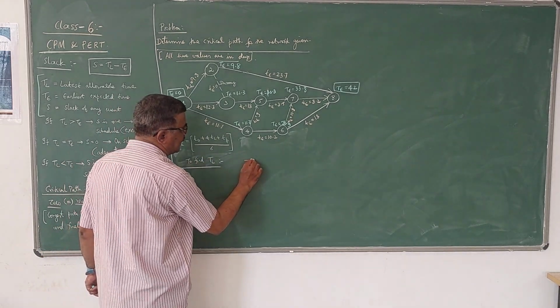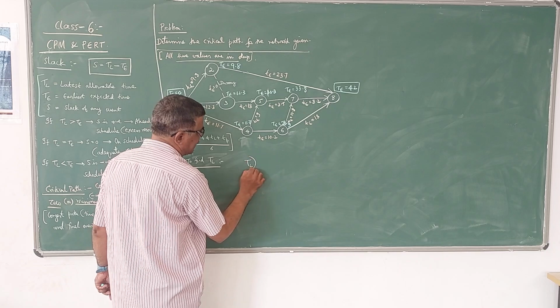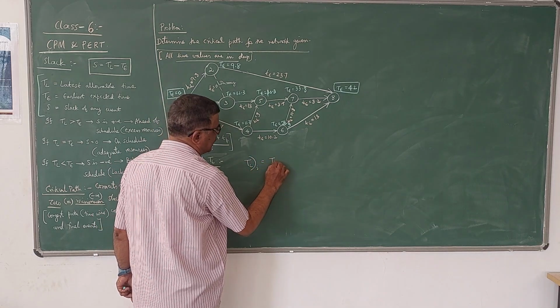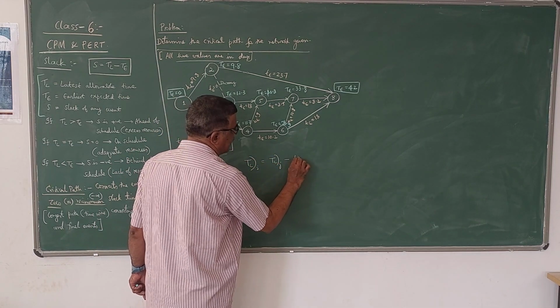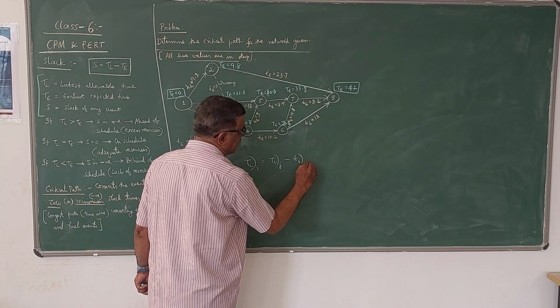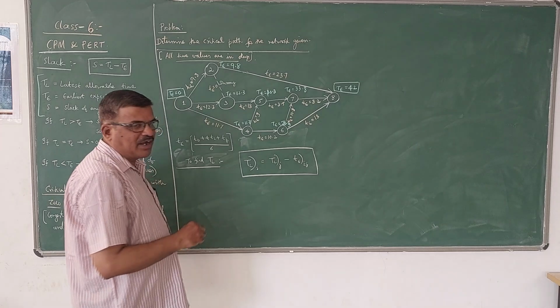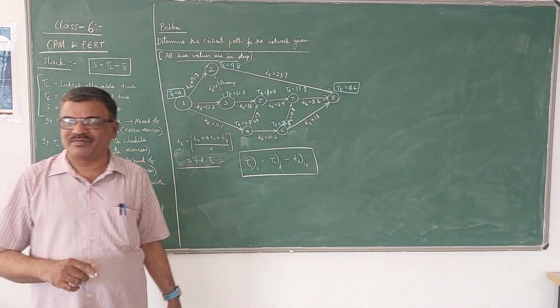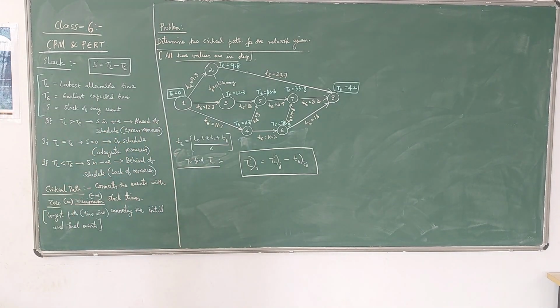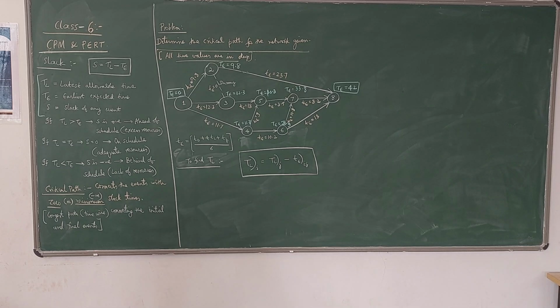TL of i is equal to TL of j minus t of ij. This is minus t, and we have to take the minimum value here. If different paths are there, we have to take the minimum value. Now let us find out those TL values for the given problem.